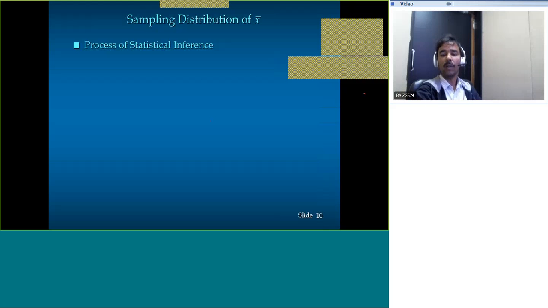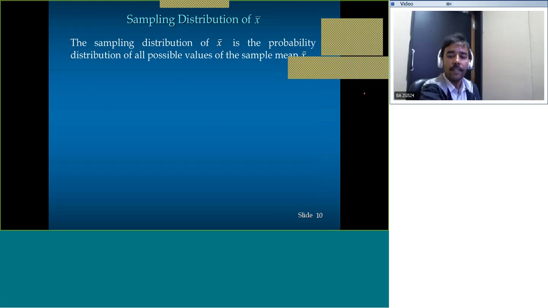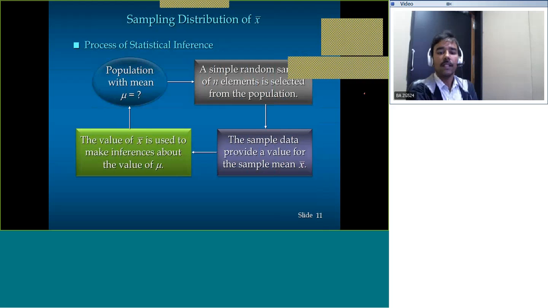Now, one of the prominent statistics is the sample mean x bar. So now we want to concentrate on how to construct the probability distribution of the random variable x bar, simply the sampling distribution of x bar. The process is: suppose you take the first circle or oval in the slide, we want to calculate the population mean mu, but we don't know it. So we take a simple random sample of n elements from the population, that is, a sample of size n.